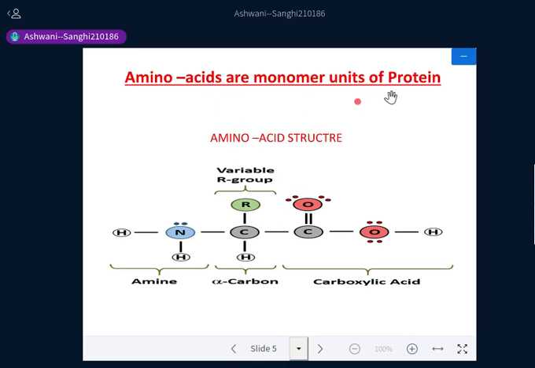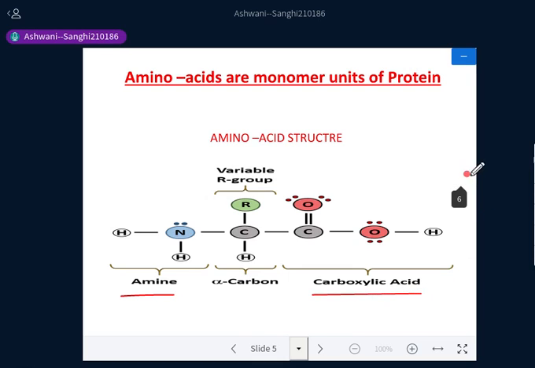Proteins are polymers of amino acids, and amino acids are the monomer units of proteins. Amino acids are compounds that contain an amino group and an acid group.